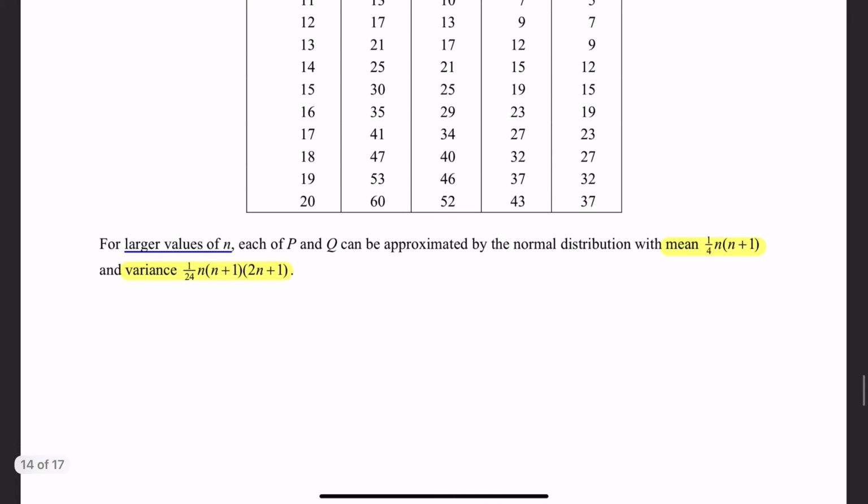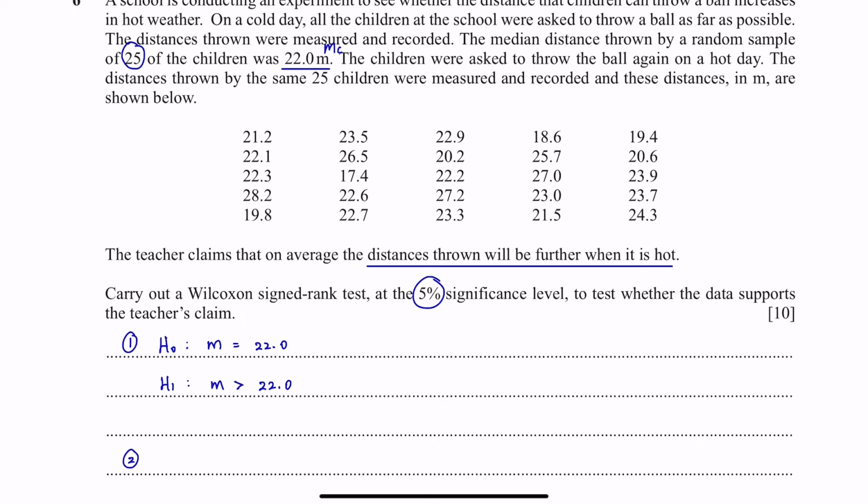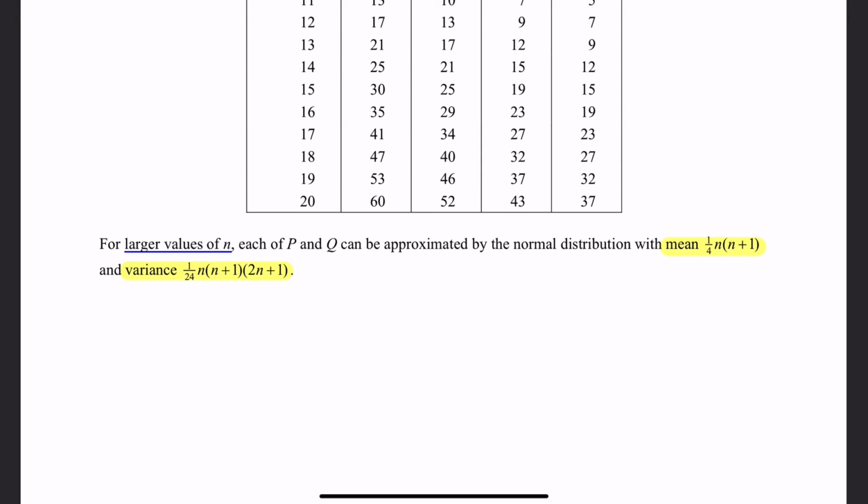Instead, they have mentioned that for larger values of n, we need to approximate it to the normal distribution to find the test statistic for the data over here. So we need to approximate the mean value and the variance using these formulas here.